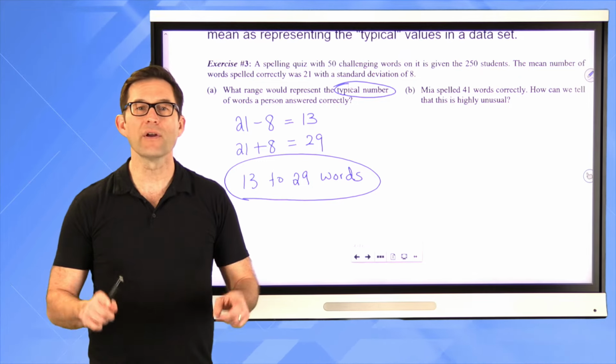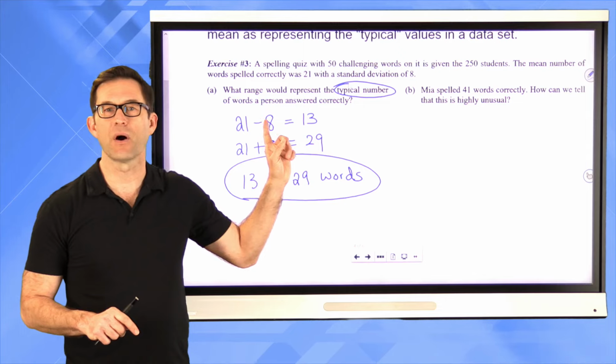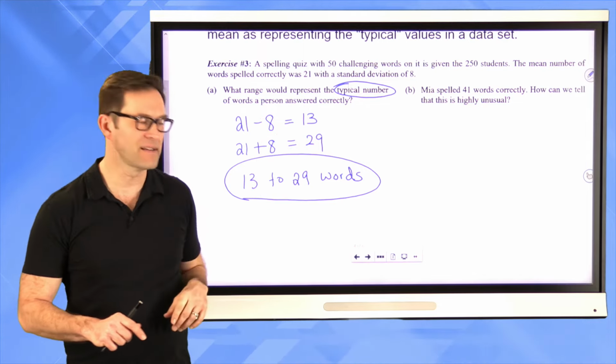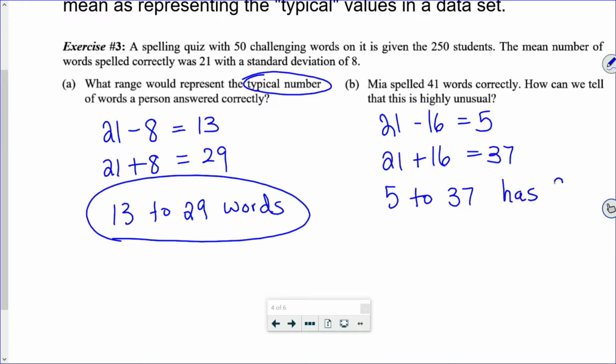Well, let's take a look at the 2 standard deviation interval, all right? That's pretty easy because all I have to do is subtract 16 and add 16, right? So 21 minus 16 would be 5, and 21 plus 16 would be 37, right? So 5 to 37 has 95% in it, right?